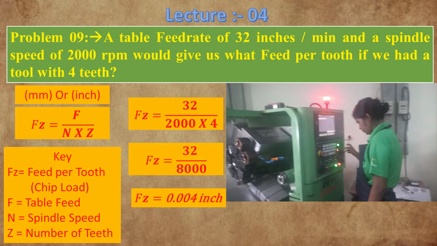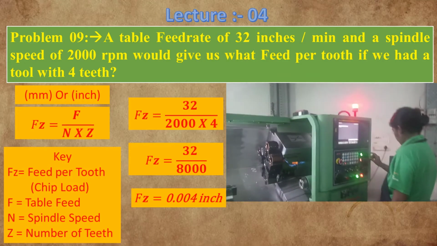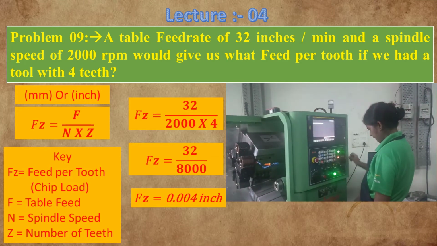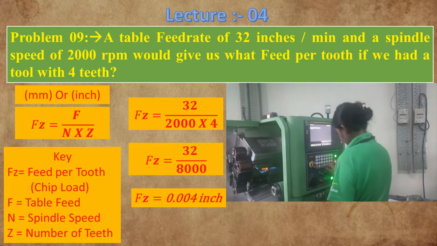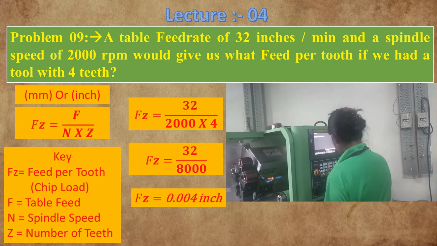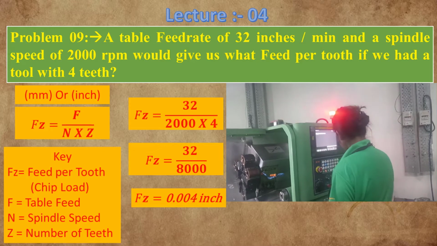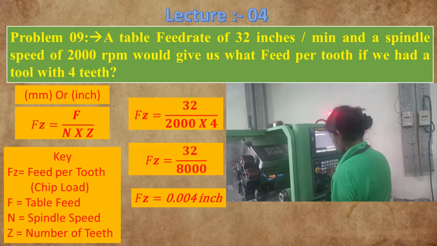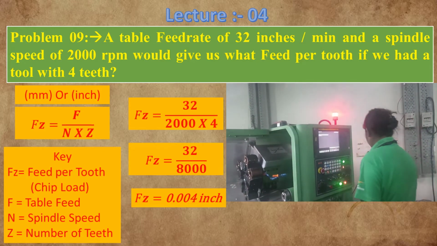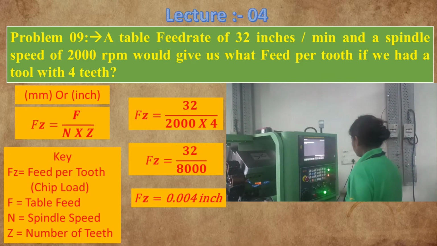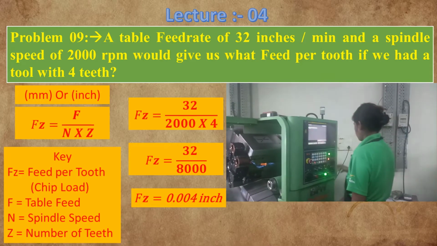So our table feed for this, let us give it 32 inches per minute. So another big fast table feed there, and then we would divide by a spindle speed, n. So our n value, let us give it a spindle speed of 2000 revolutions per minute this time, and again we times that by the number of teeth on our milling cutter. So this time let us use a 4 tooth end mill.